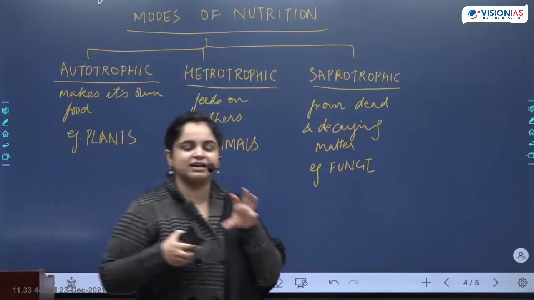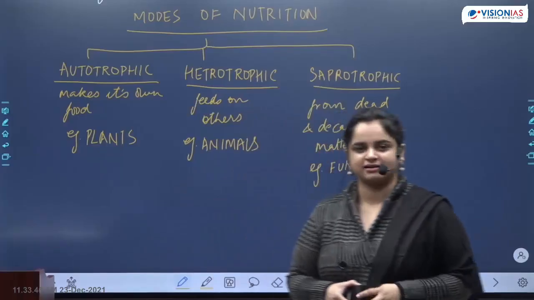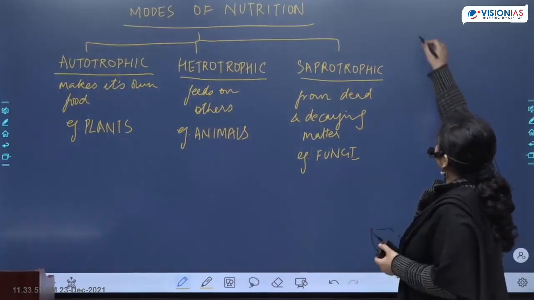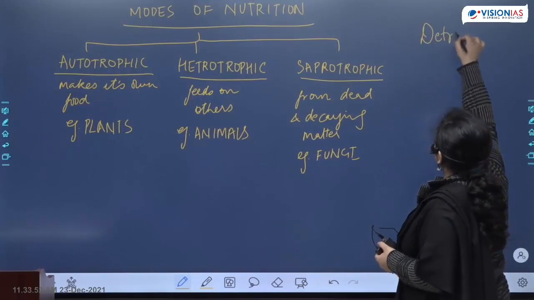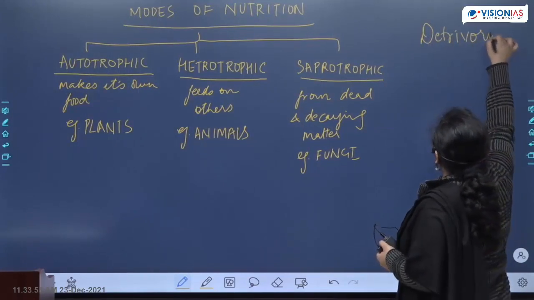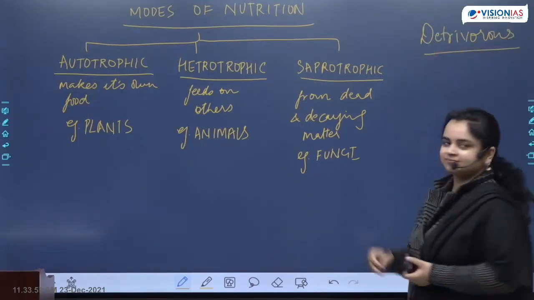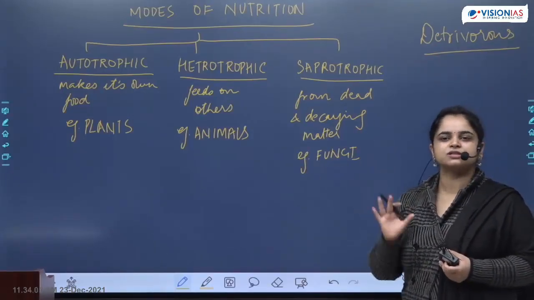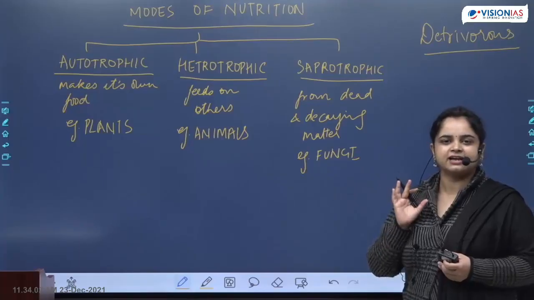Okay, they are heterotrophic, not saprotrophic. But I'll tell you again the difference in the basic mechanism. There is a term which is detrivorous. This is a term for anybody whose food is dead and decaying matter.